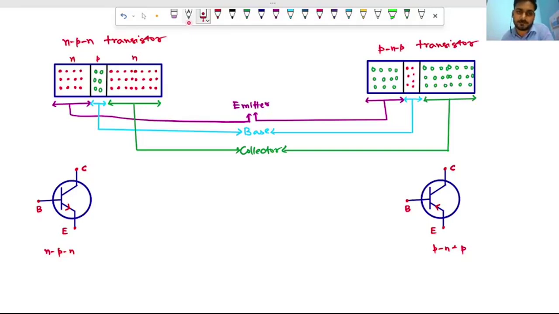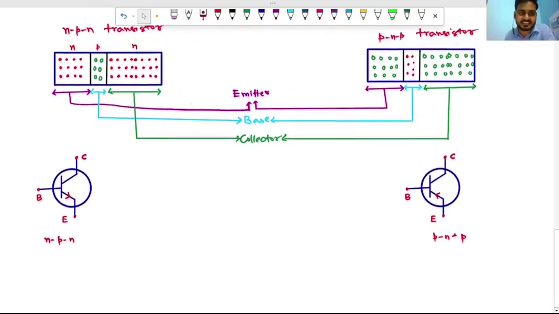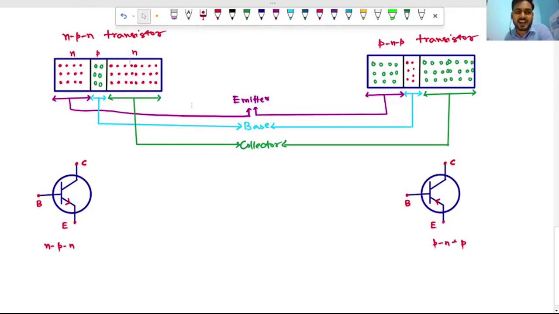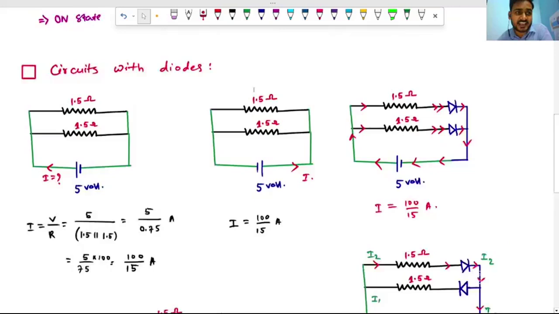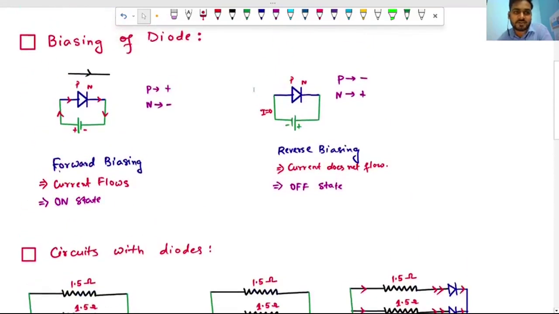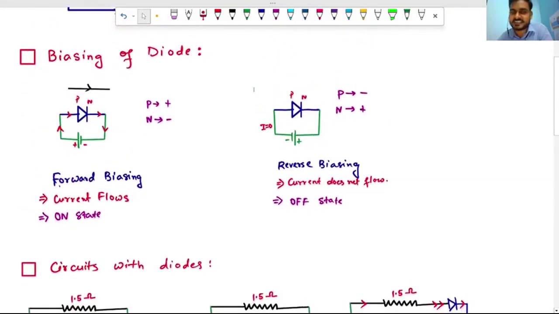Yes, it is. Here also, as only diodes are there, unless and until we bias them, we apply some battery from outside, this transistor is of no use. So let us bias these transistors, or we'll just discuss how many types of biasing are usually there in the case of a transistor. Like in diodes, we discussed two types of biasing, forward biasing and reverse biasing.